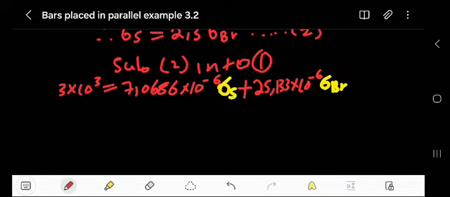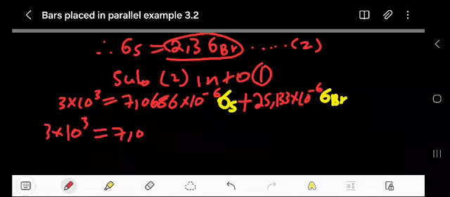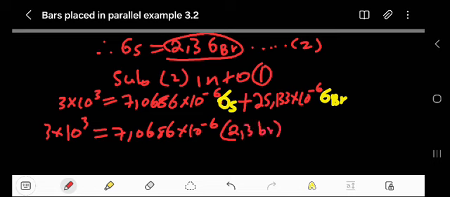So where we see the stress of the steel, we substitute this value there. At this side I still have 3 times 10, still have this, but let us substitute. That will be 2.3 times the stress of the bronze plus 25.133 times 10 to the power of minus 6 times the stress of the bronze.